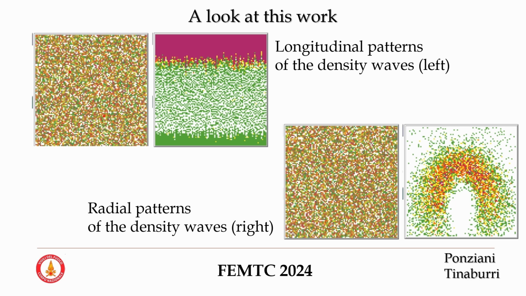You can see just pictures here, the upper part of the screen, longitudinal waves where the colors mean a difference in densities. The magenta are higher local densities, and in the bottom part you see the same for radial waves that have emerged.